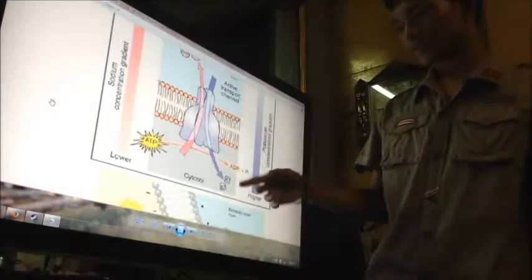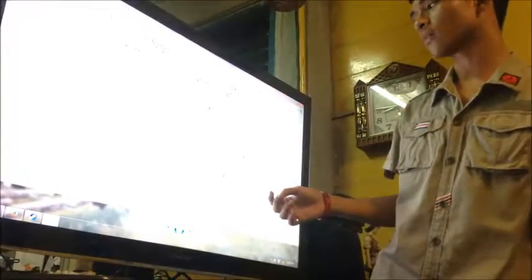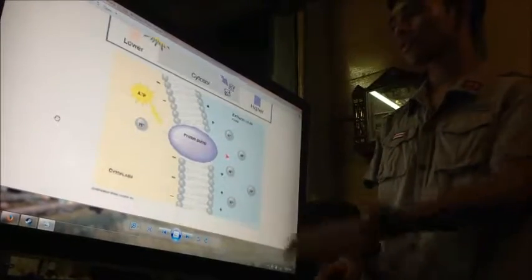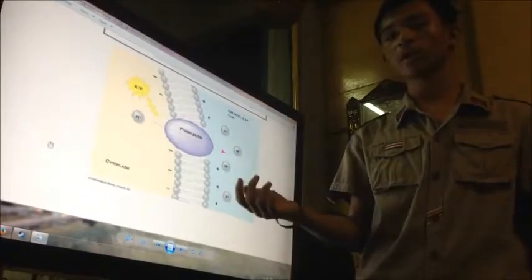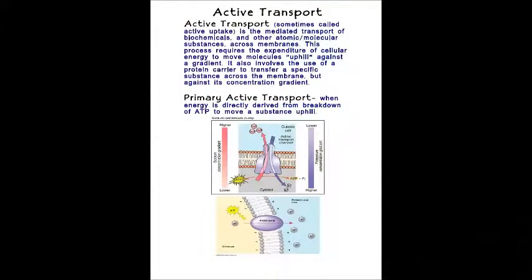And in the next illustration, this is also a proton pump. It also uses ATP to move a certain molecule from inside the cell out to outside the cell.